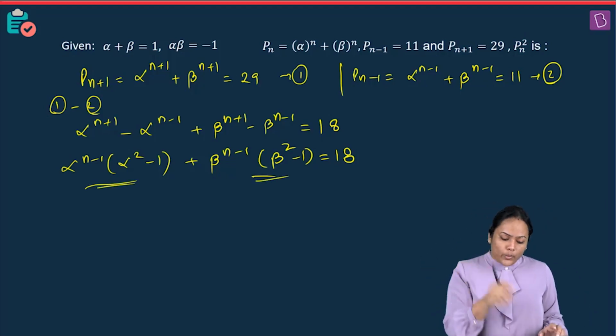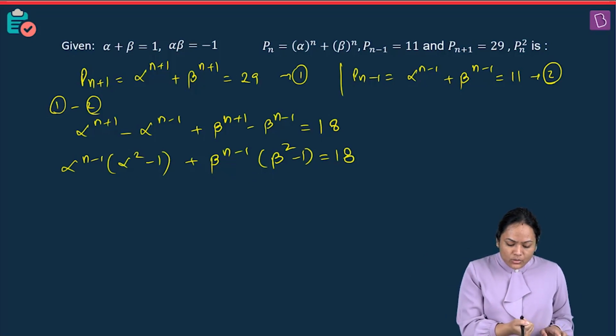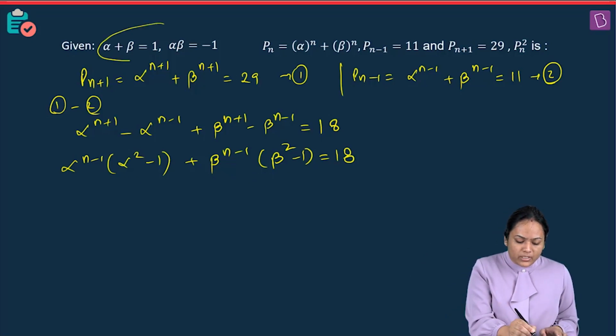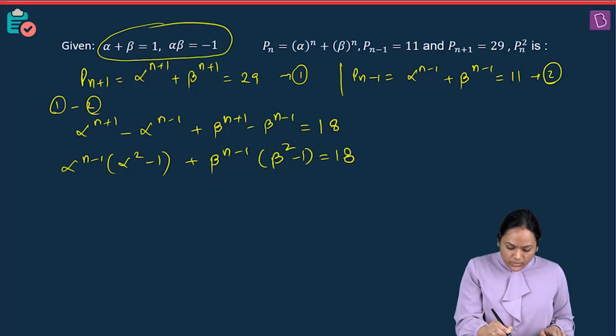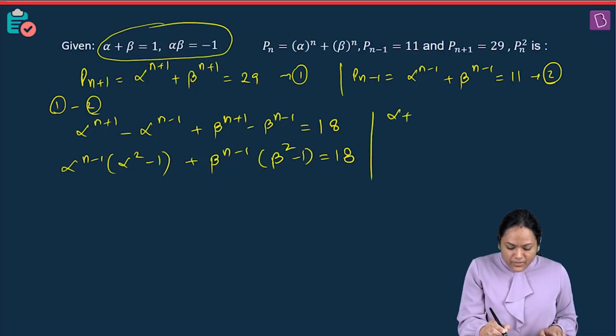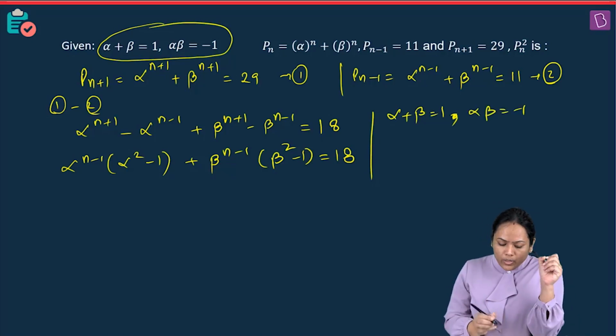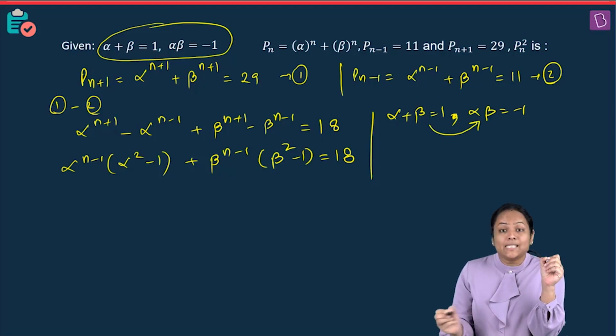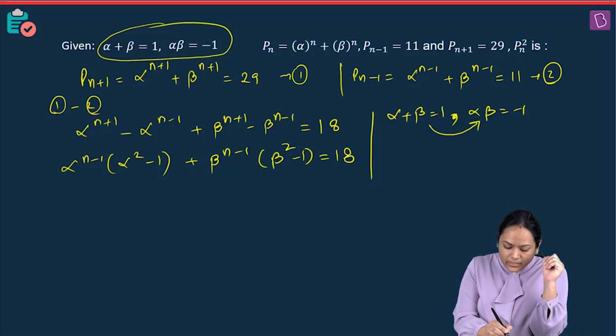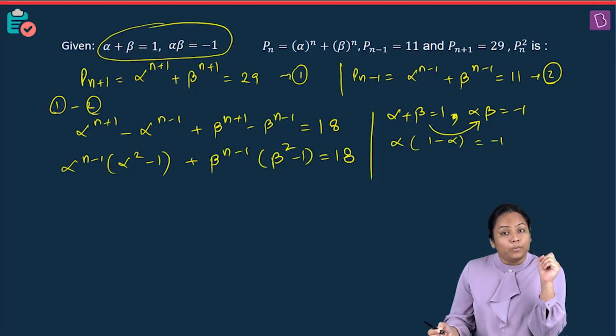Now what? Well, now let's go to the relation of alpha and beta which they have mentioned to us. My alpha plus beta value is 1 and my alpha beta value is minus 1. So what I'll do, I'll put my beta value in the second equation. When I do that, it's going to become alpha multiplied by 1 minus alpha is equal to minus 1.